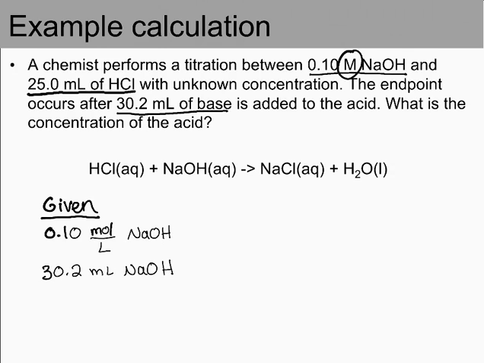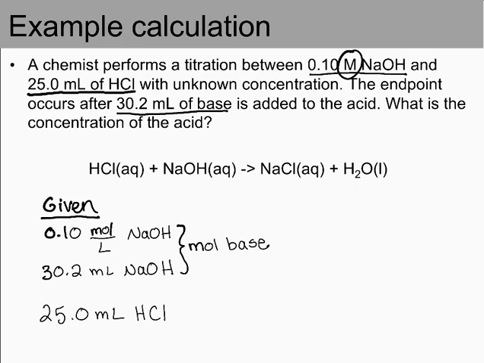Now, from that information, remember, we can calculate how many moles of base that we added to our acid. So volume times molarity is equal to moles. Then we were also told that we have 25 milliliters of hydrochloric acid, but we don't know its concentration yet.